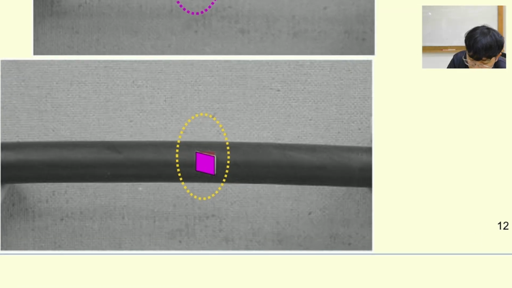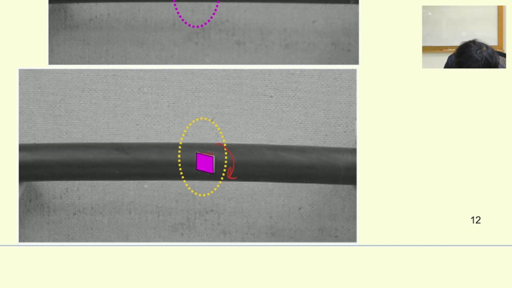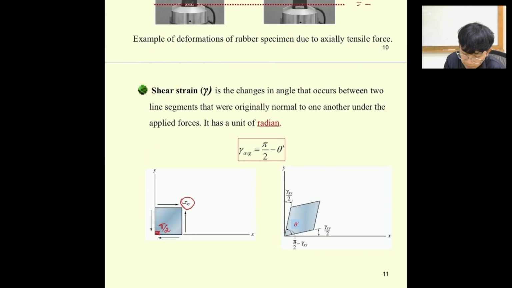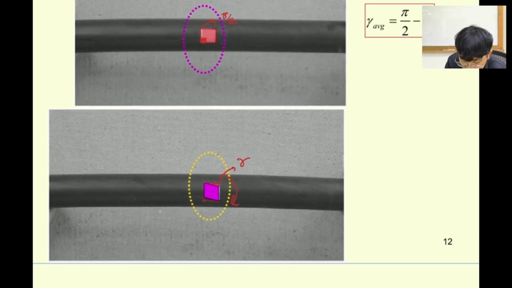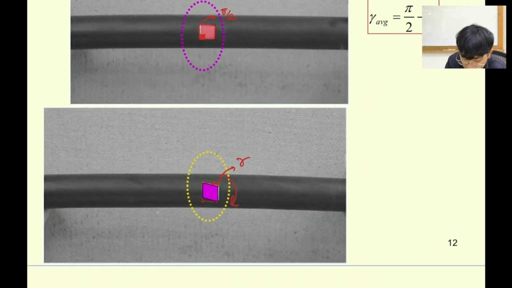But when you try to squeeze it, apply some torsion force over here, you can see that it deforms. This one deforms, and the deformation over here we give as the gamma average. For this one, it's going to rotate in only one dimension because this one is in 2D.